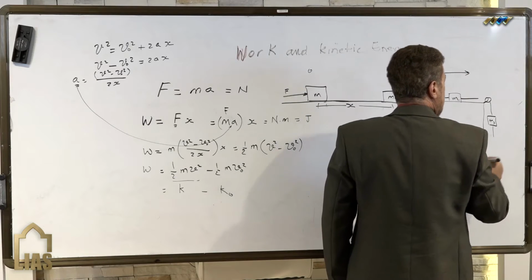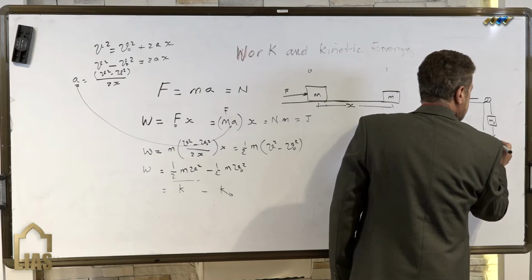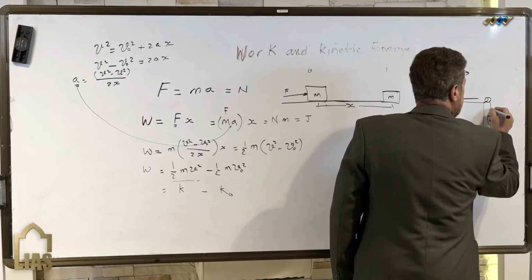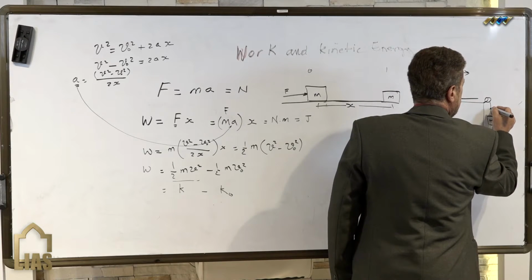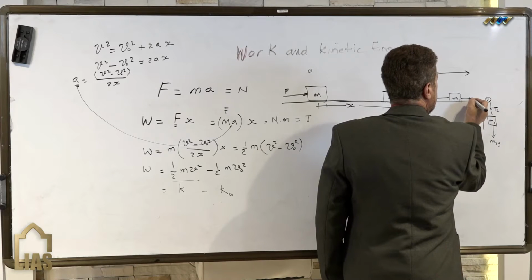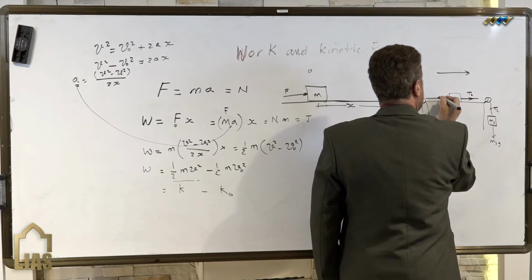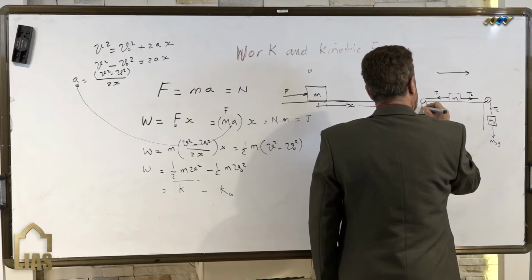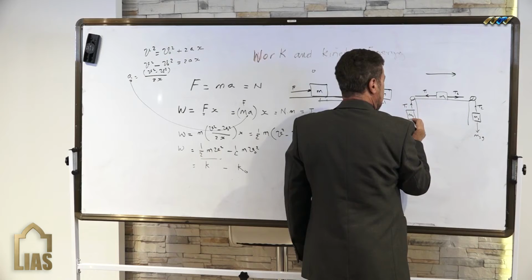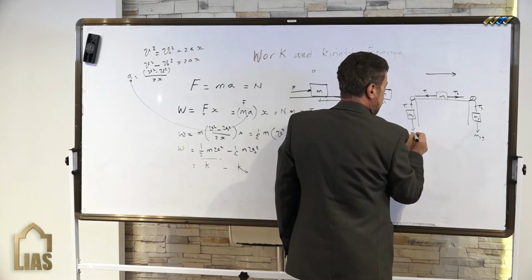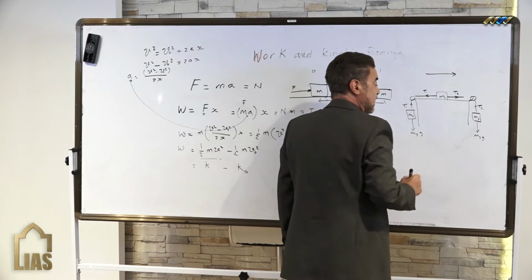Here is m3g, this is T2 and T2, and T1 and T1, and m2g.